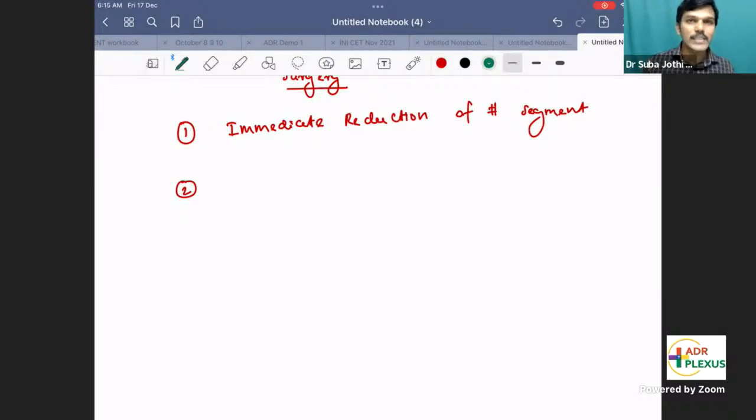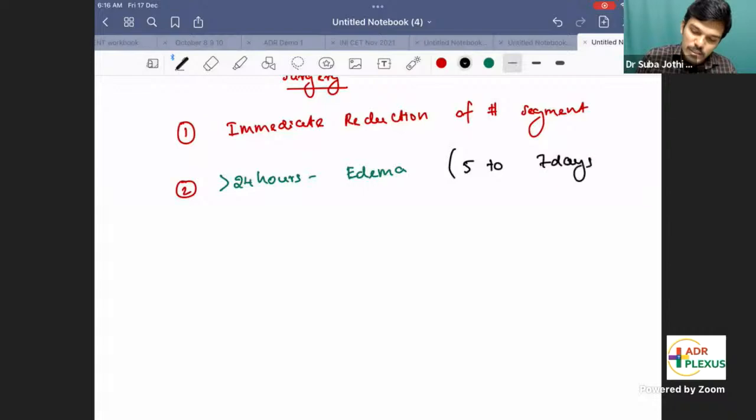But the ENT surgeon says, no, I can't operate on you, because if it was yesterday, I could have operated. After 24 hours there will be edema, which will take at least 5 to 7 days to settle. Which means 1 week.